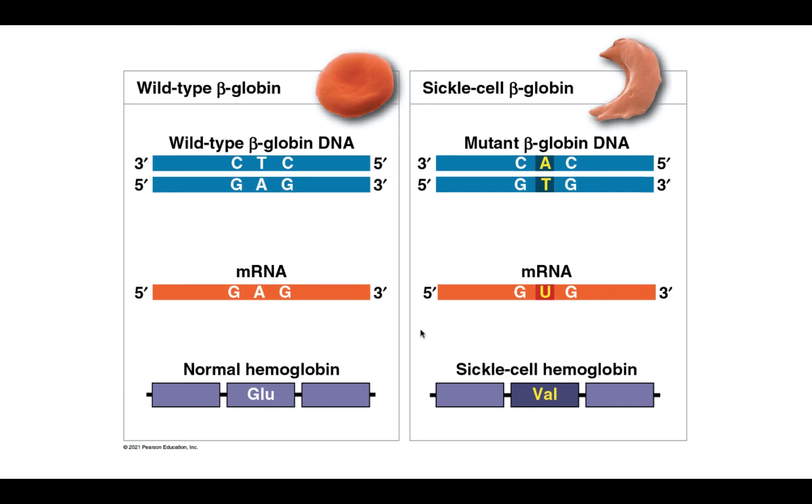But if a mutation occurs to convert that A to this T, meaning within the messenger RNA, now instead of a GAG, you have a GUG, that now encodes a valine, and that changes the structure of the hemoglobin protein in such a way where they now stick to one another, they form these fibrils, and that distorts the red blood cells, and that causes all sorts of problems. And that is collectively called sickle cell disease.